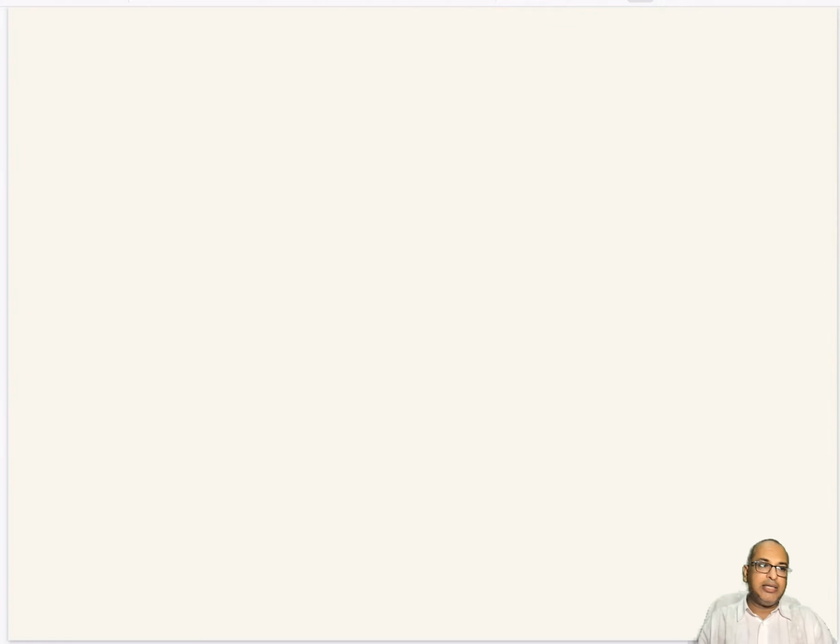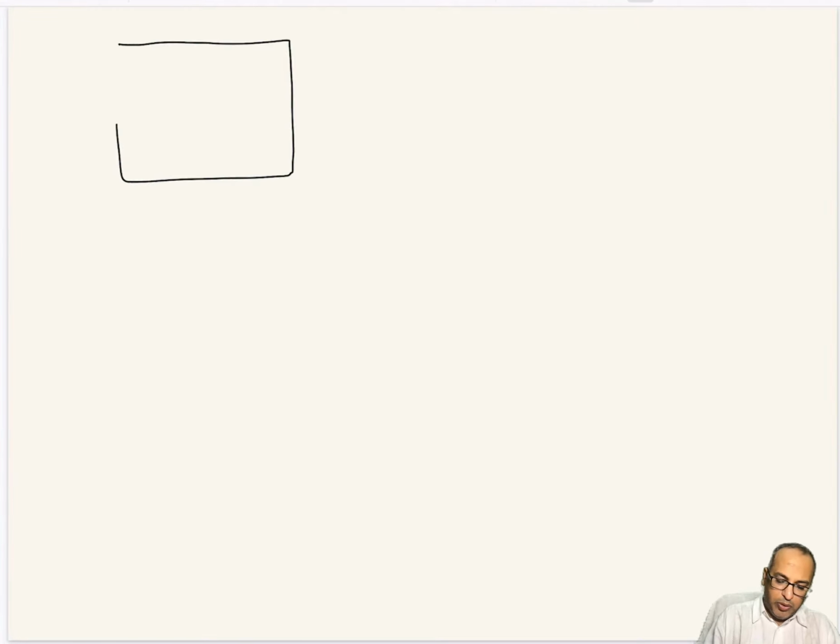Let us see what kind of information we are getting. Let's say we have a proton nitrogen correlation and we are getting some peaks. Let's say now we are taking a slice which is this.